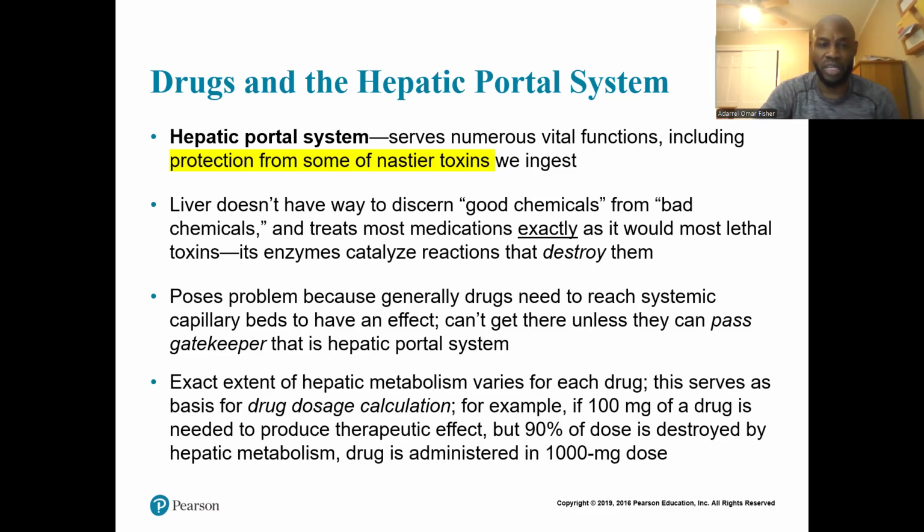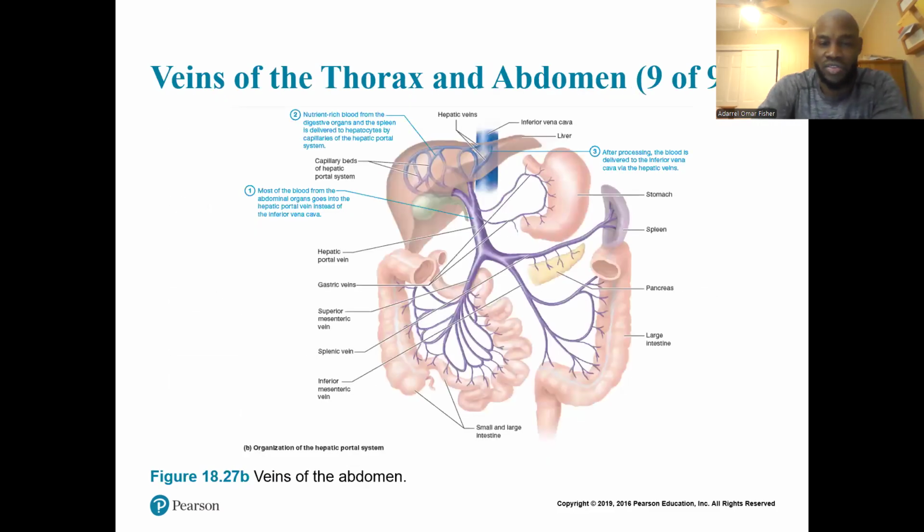So it gets processed. It's kind of interesting to look through. You see most of the blood from the abdominal organs goes into the hepatic portal vein instead of the anterior vena cava.